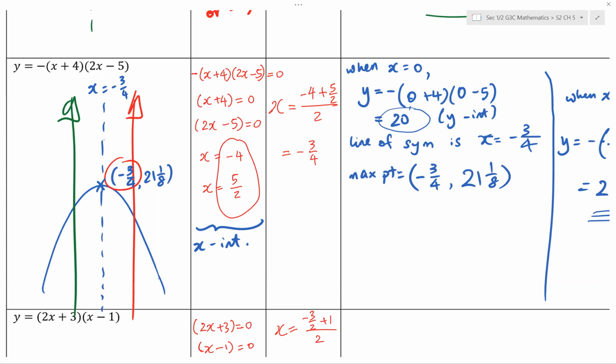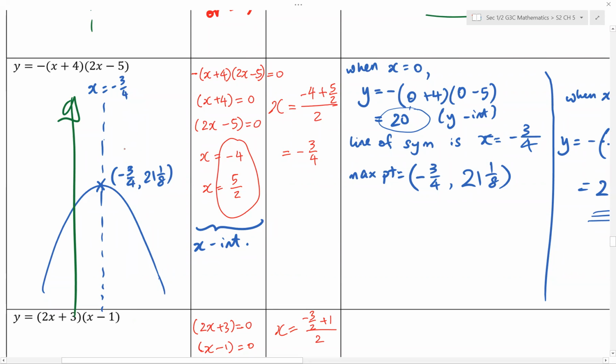Which of these graphs, the green or the red, will result in your line of symmetry at the correct position of -3/4? Let's start with the green graph.